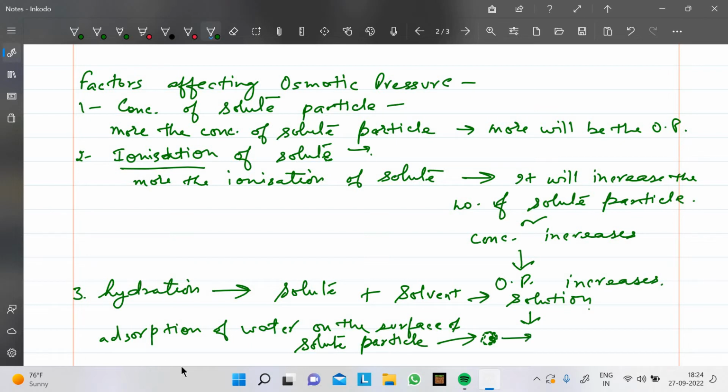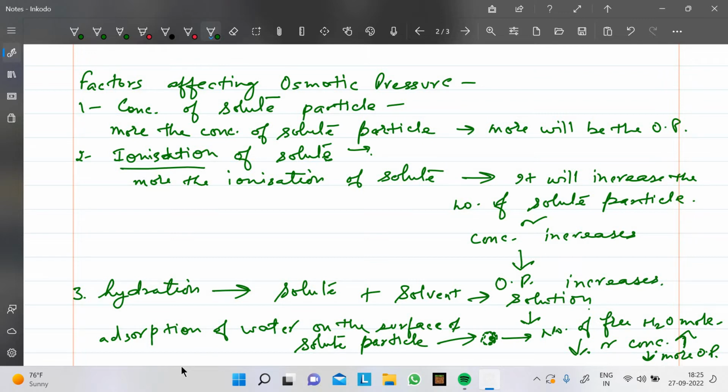So the number of free water molecules decreases, or concentration increases, and increased concentration means more osmotic pressure. So the more the hydration, the more will be the osmotic pressure of any solution.